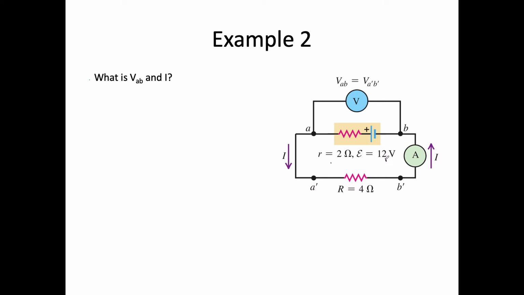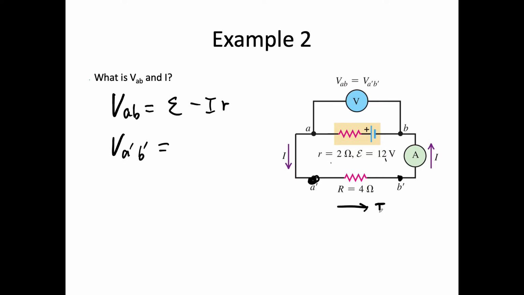So we build the equation. We know the terminal potential should be epsilon subtract Ir. And then we have Ohm's law, V_A'B', which is the potential over this resistor.